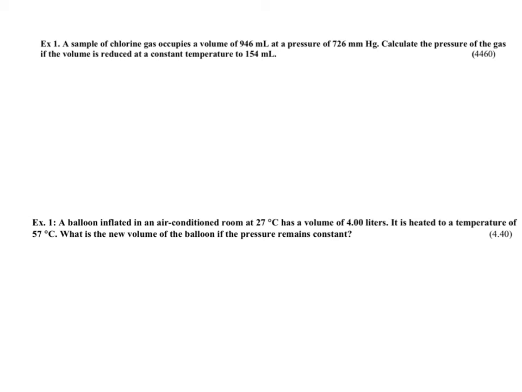So this sample of chlorine gas has a volume initially of 946 milliliters. The pressure at this particular volume is 726 millimeters of mercury. Sorry, that should not be a P2, that should be a P1.